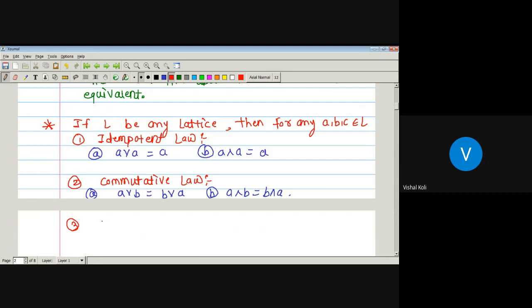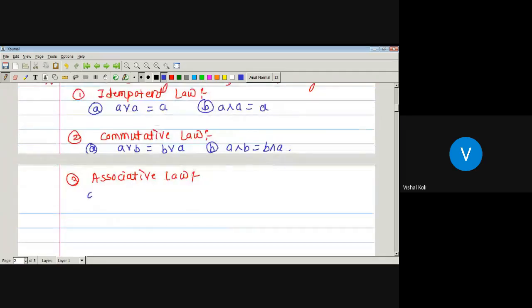Third one, associative law. First one, A join (B join C) is equal to (A join B) join C, and A meet (B meet C) is equal to (A meet B) meet C.